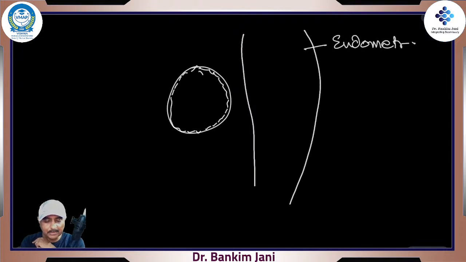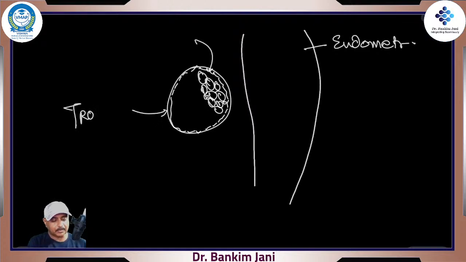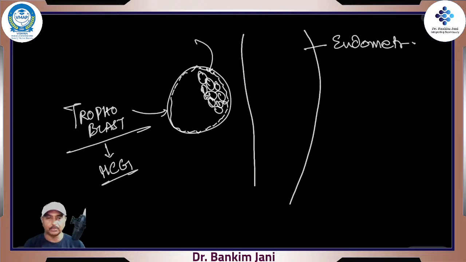So these cells which are over here, what we call the embryoblast, or the inner cell mass, right? This one. By the way, these cells which are outside are called the trophoblast, right? Trophoblast. Now these trophoblasts release what's called HCG, human chorionic gonadotrophin.